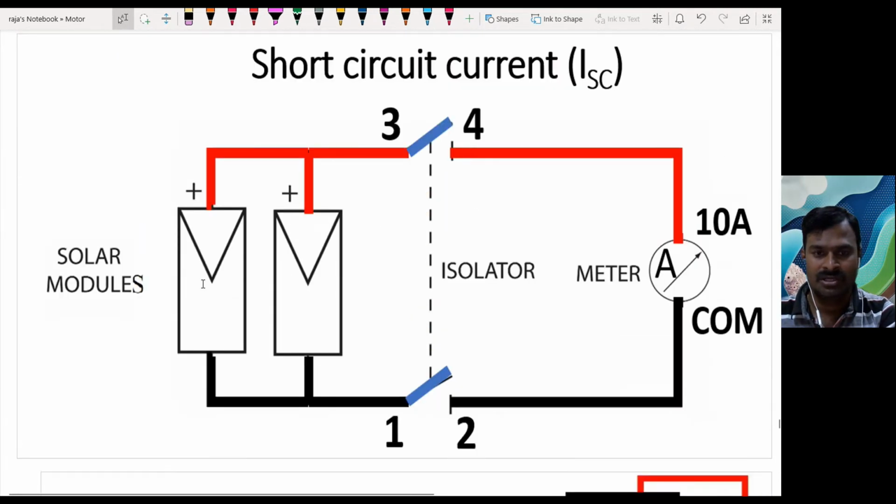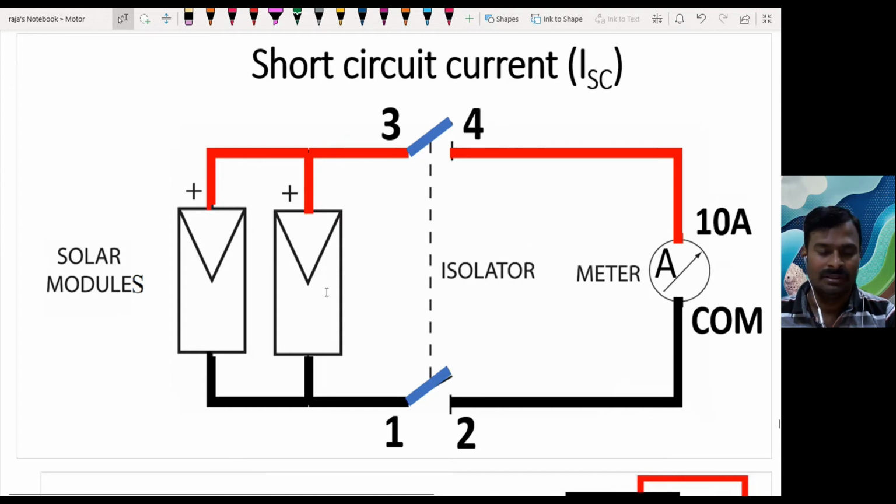And for the short circuit test, in the same way we connect the panel and then the isolator, but now we have the meter selected in ammeter mode. So now the ammeter reads the short circuit current when we close the isolator.